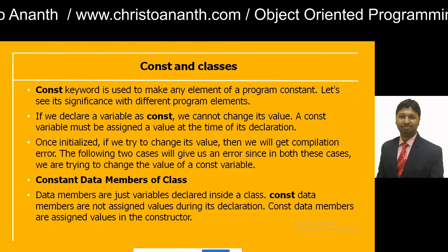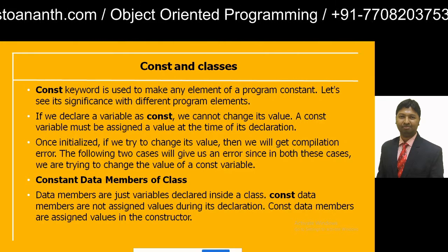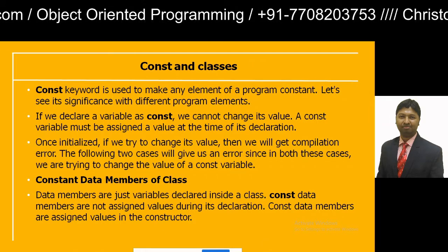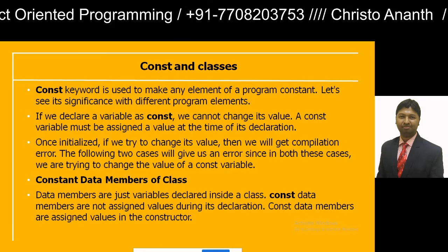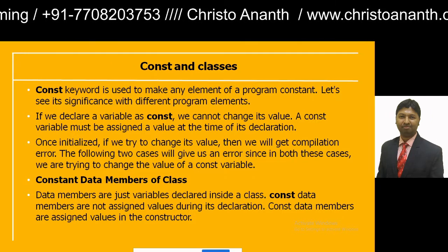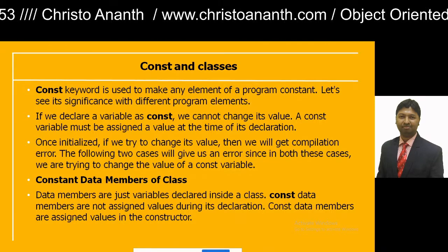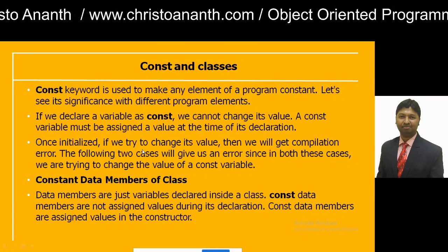So we'll consider examples also of how you take a constant data member of a class. Data members are just variables declared inside a class, and const data members are not assigned values during declaration; they are assigned values inside the constructor.